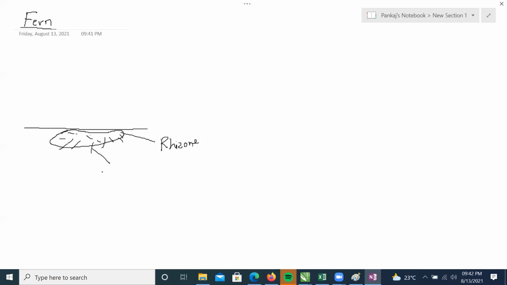And these are the adventitious roots. Okay. Now from here, the stem arises, right? And so when the leaf is going to form, there is a very typical structure formed. This is what we call circinate vernation.